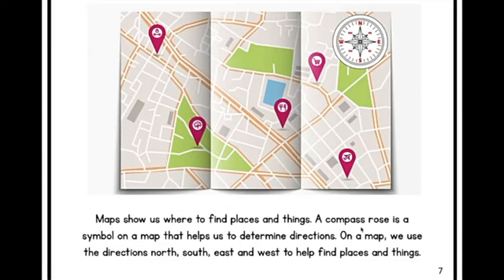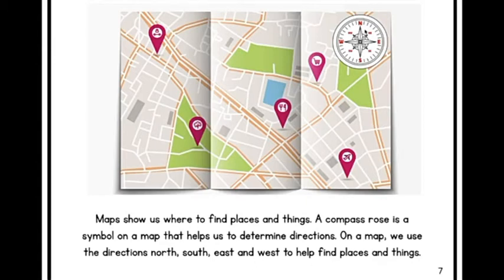A compass rose is a symbol on a map that helps us to determine directions. So if you look up here, this is called a compass rose. I know a rose is a flower, and I guess if you look at it, it kind of looks like a flower. But on a map, we use directions north, south, east, and west to find places and things.